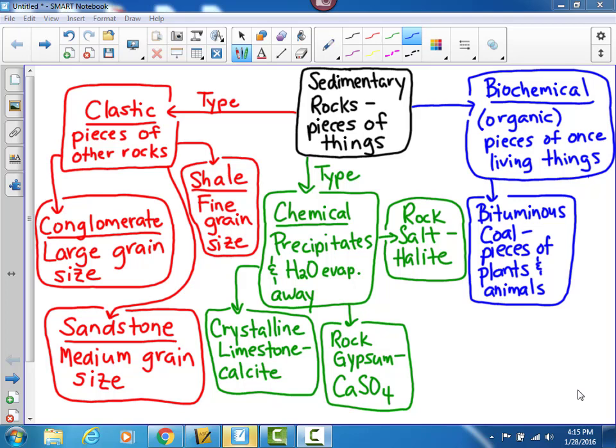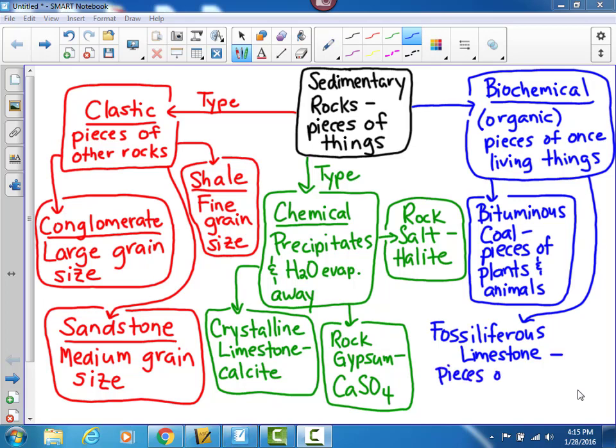The second one of these, and the last rock for our flow chart here, is called fossiliferous limestone. This is made of pieces of seashells.